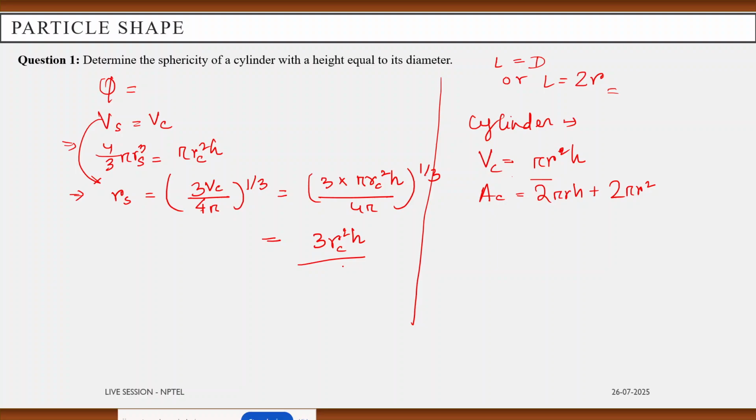So up to this, I hope it is clear. Then you will calculate the surface area of the sphere, which obviously you know is 4 pi rs square.